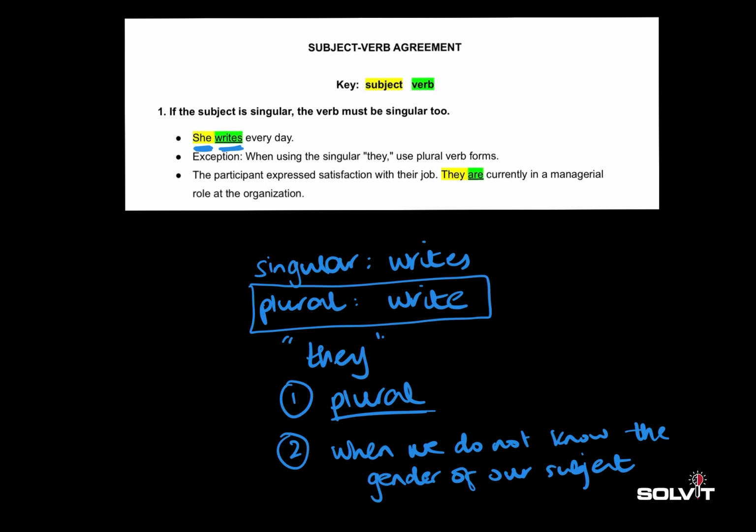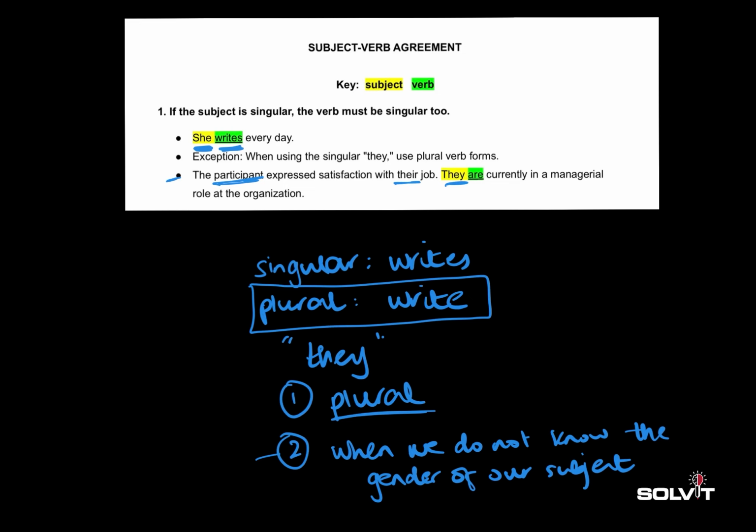But the second case, when we don't know the gender of our subject. Sometimes we're talking about someone, but we don't really know what their gender is, right? So, for example, this sentence: the participant expressed satisfaction with their job. They are currently in a managerial role at the organization. So we're talking about a participant, but we don't know their gender.